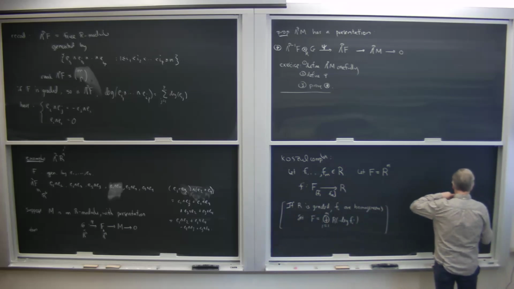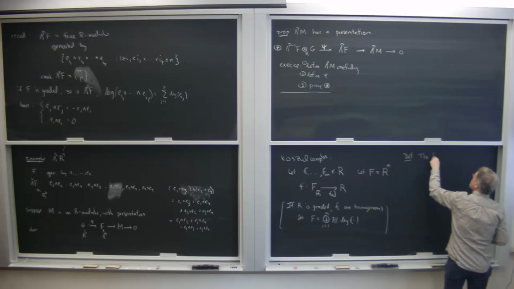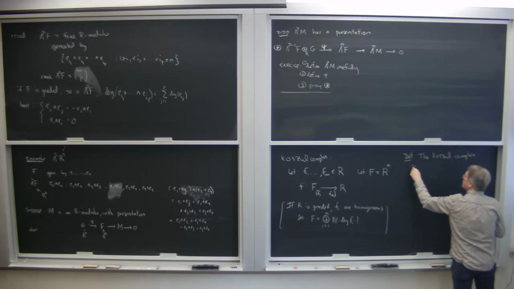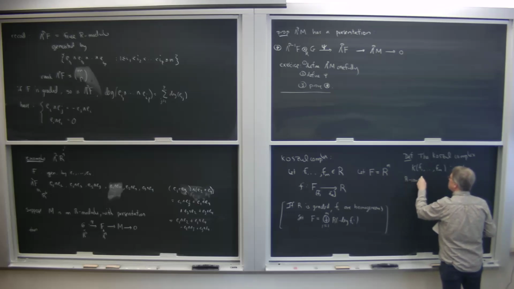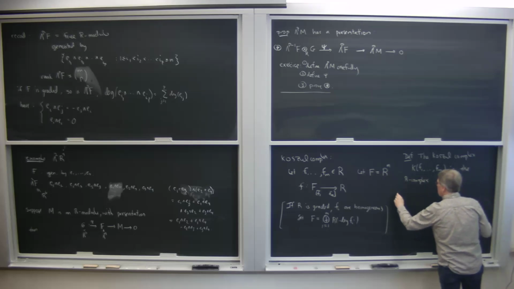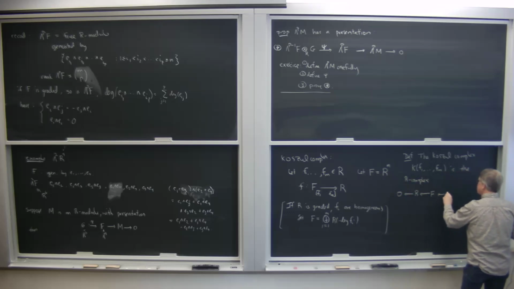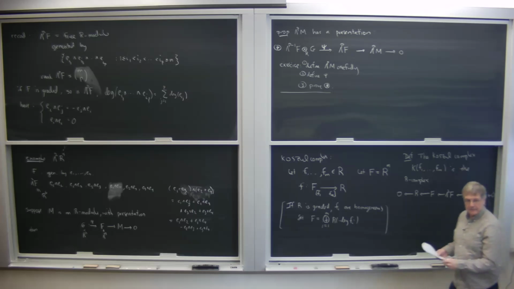And now the definition, do I want more space than this? Definition: the Koszul complex K of F1 to Fm is the R complex, in other words, the complex of R modules, that looks like the following: 0, R, F, wedge 2 of F, dot, dot, dot, all the way up to wedge m of F, which is equal to R, or some twist of R, if it's not that.